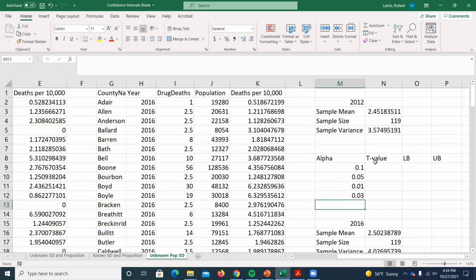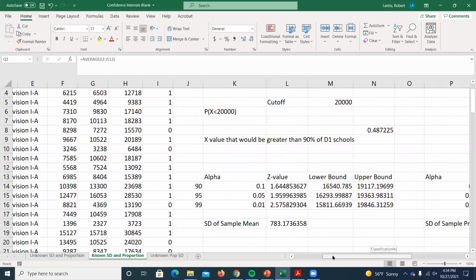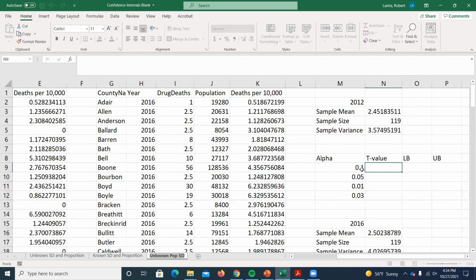When we looked at an example on Monday where we knew the population standard deviation, we used that NORM.S.INV function to find the z value that gave us alpha over 2 in each tail. Very similarly, we're doing the exact same process. It's just that instead of using the standard normal, we're using a student t-distribution.